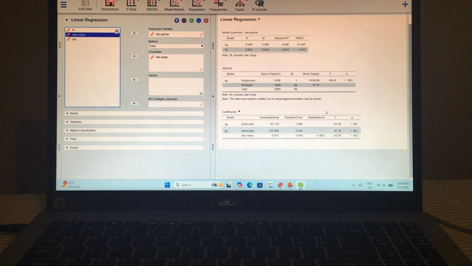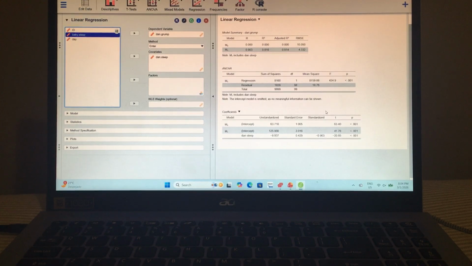Also important in the coefficients table are the test statistic and the p-values. These test statistics and p-values are comparing the y-intercept and the slope to 0. Testing whether or not the y-intercept is different from 0 is usually not a relevant research question. The vast majority of the time, we're just going to focus on the slope.